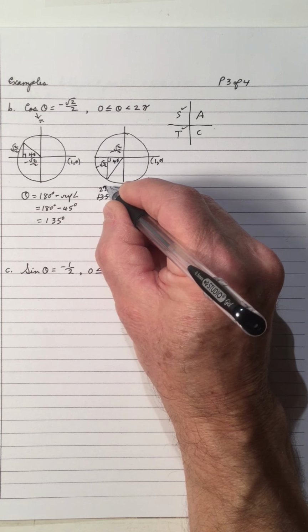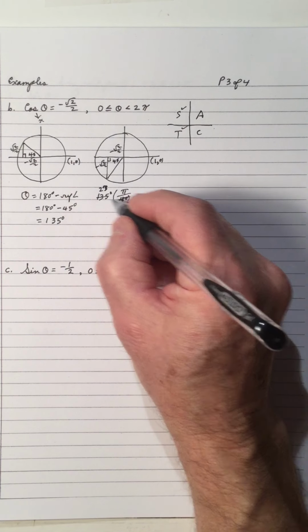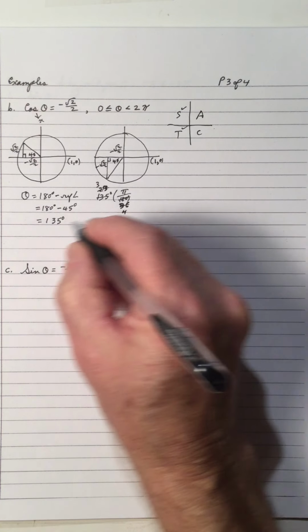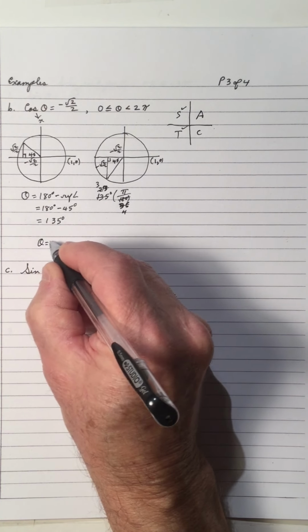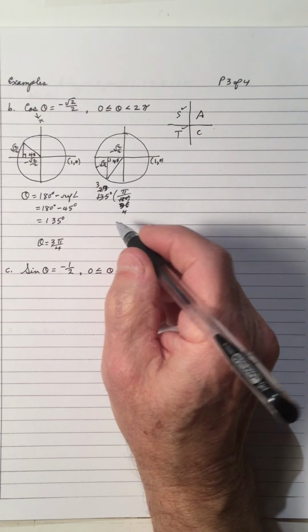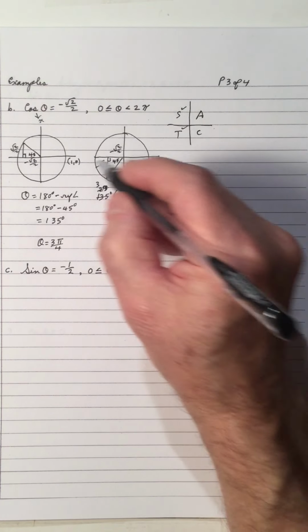I can't divide now. And 9 goes into 27 3 times, 9 goes into 36 4 times, so theta is 3 pi over 4.